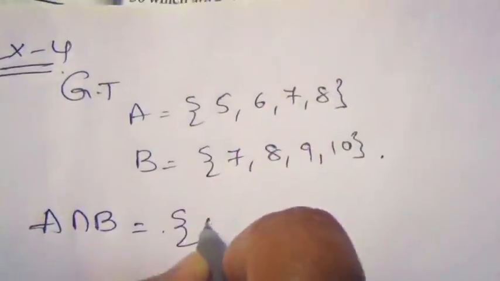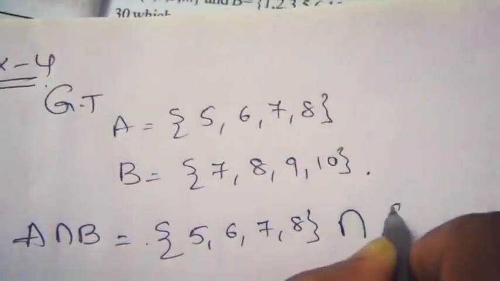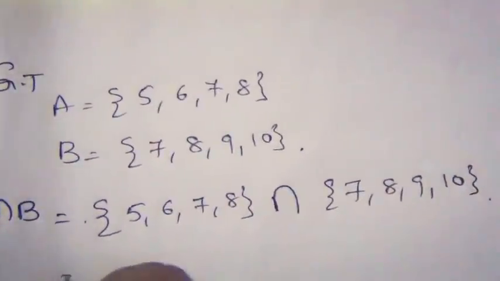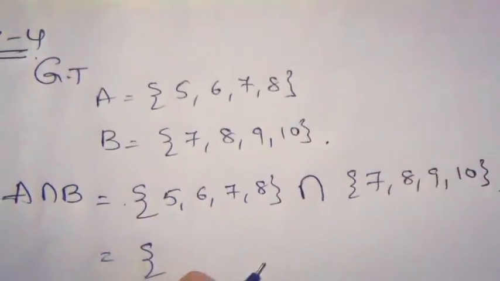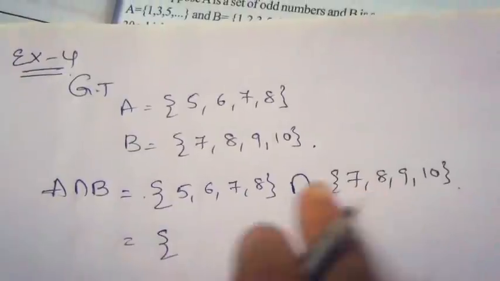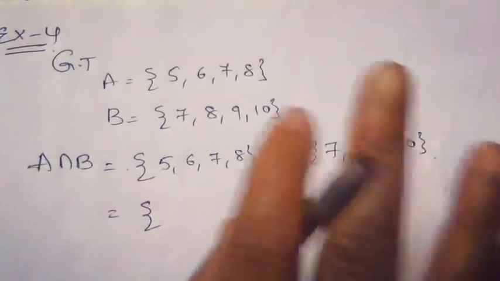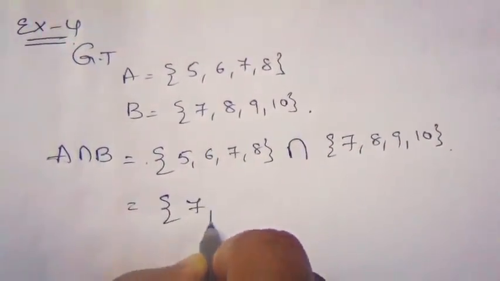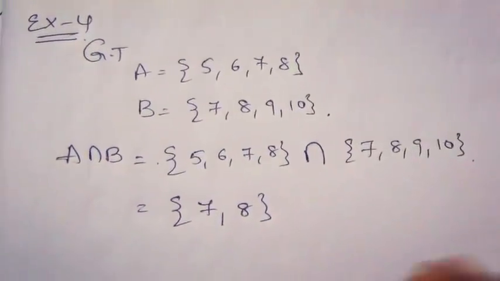So, the elements of A first write here, intersection {7, 8, 9, 10}. Intersection means the common elements only you have to write in this set. What are the common elements? The elements which belong to both the sets. So, 7 is there in both the sets. 8 is there in both the sets. Only that's it. That is intersection, right?